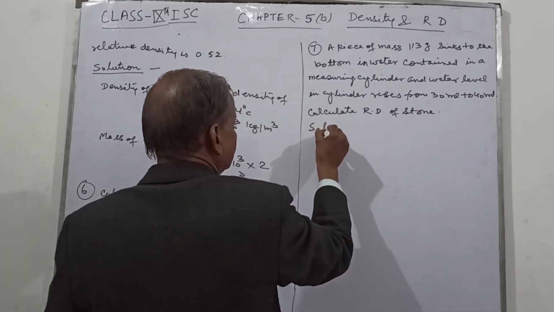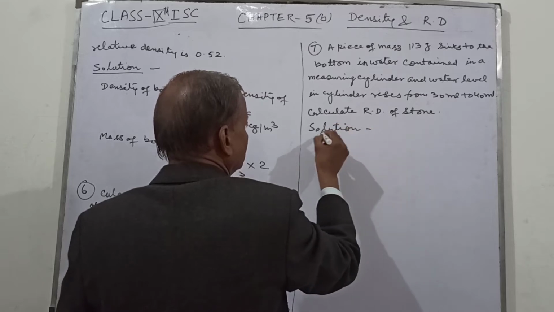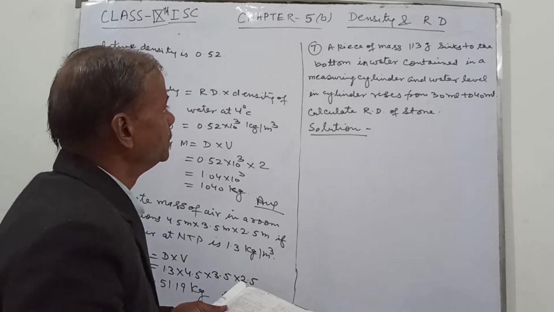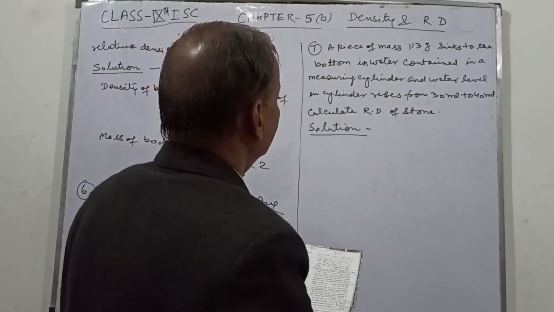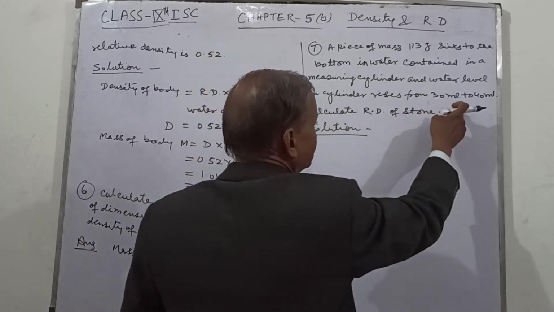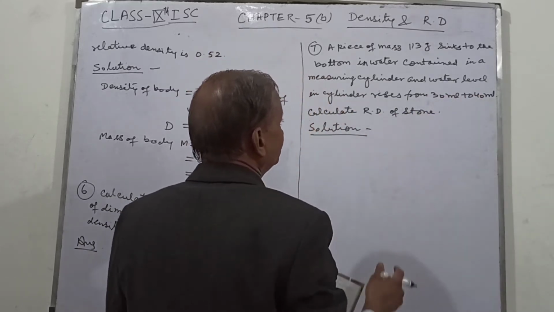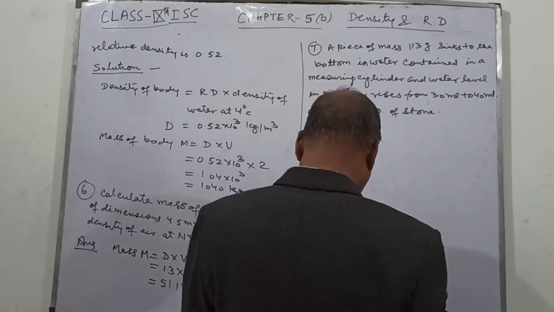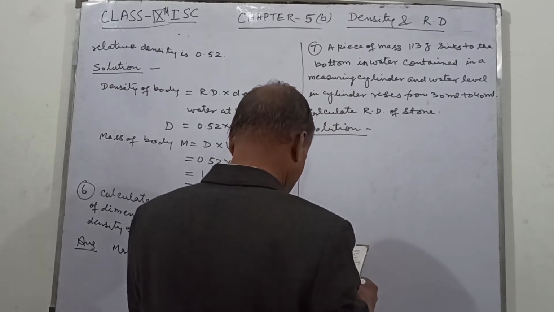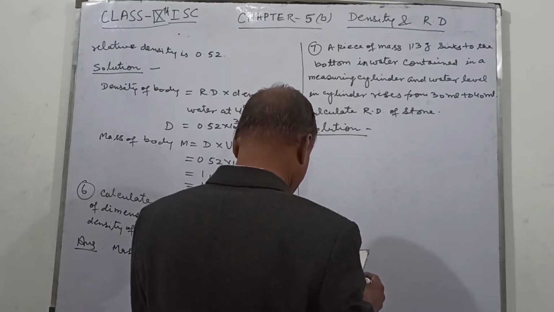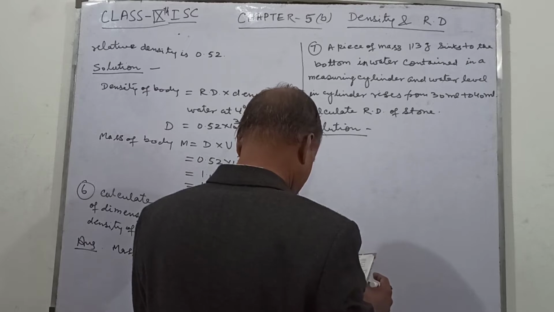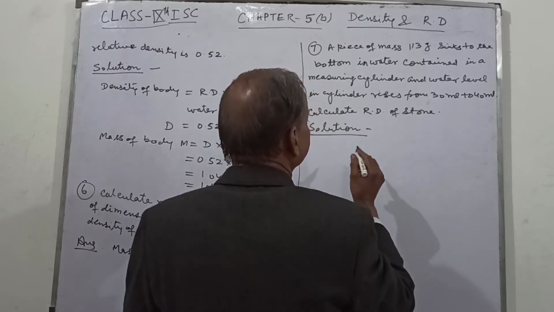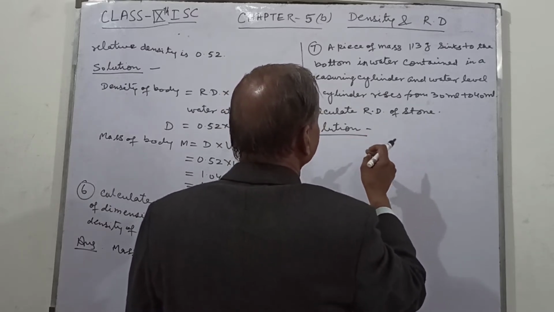Now the solution. You have been given the mass of this stone and the volume of the water. The density of water is given to be 1 RD.